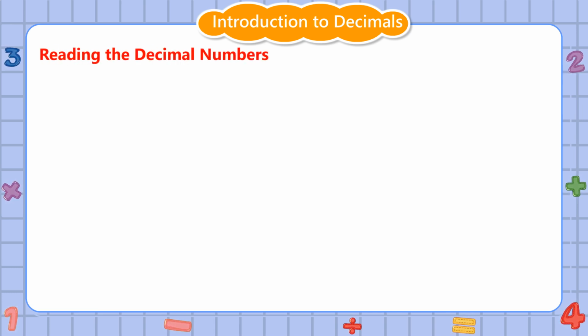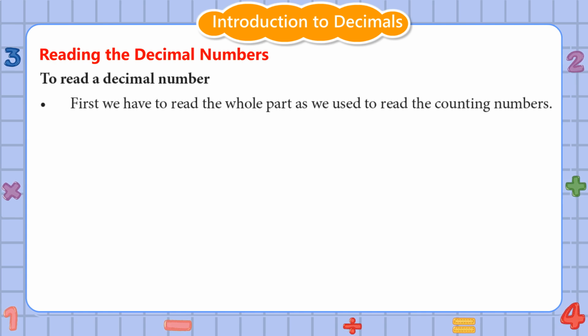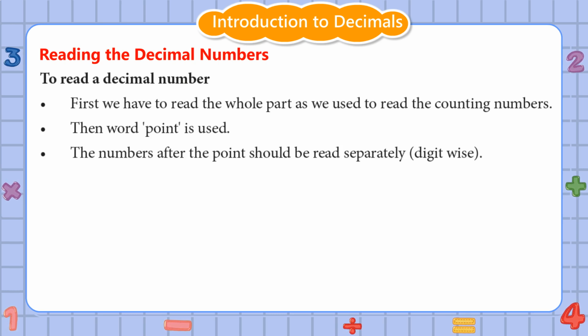Reading the decimal numbers. To read a decimal number, first we have to read the whole part as we used to read the counting numbers. Then the word point is used. The numbers after the point should be read separately, digit-wise.